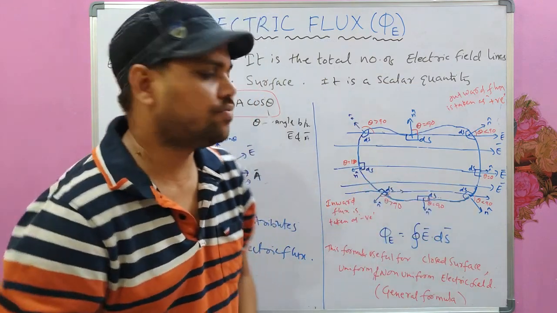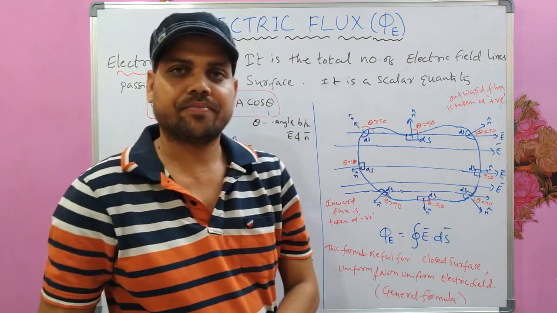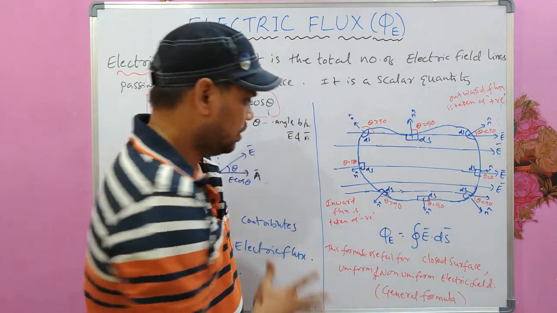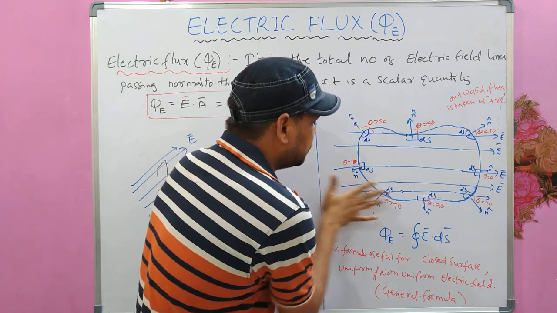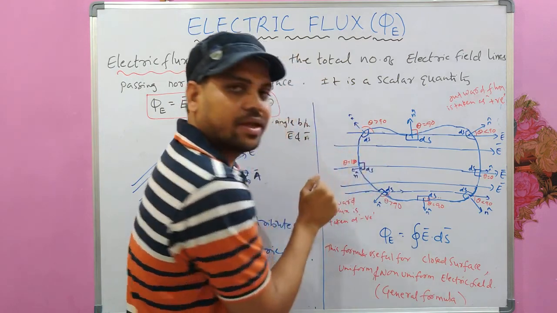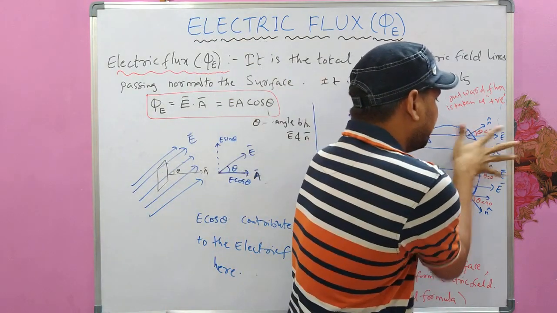The conclusion we can make from this is that the flux is entering through this surface here and leaving from this surface.